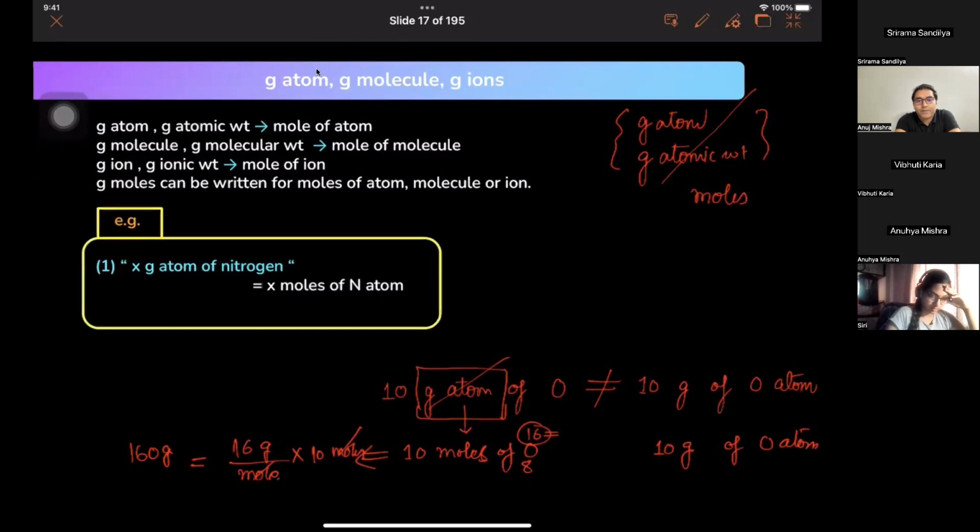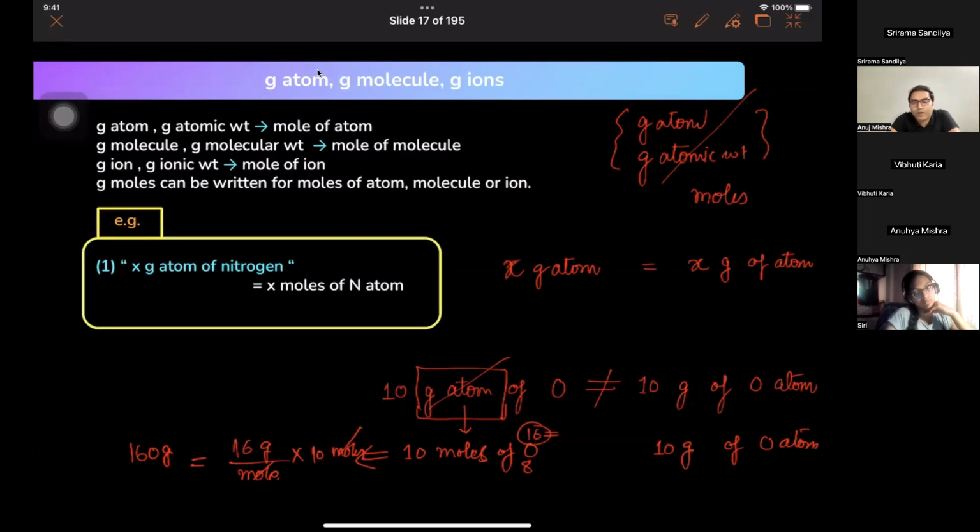So let's try this question. Question is, X gram atom is having the same mass as X gram of atom. I repeat, X gram atom and X gram of atom, they are matching.